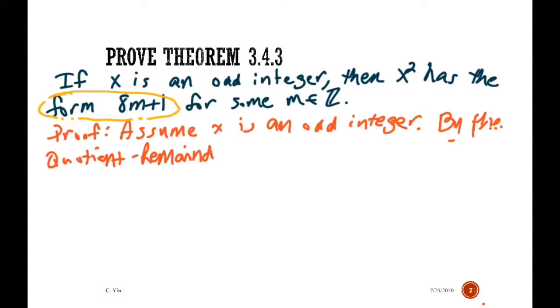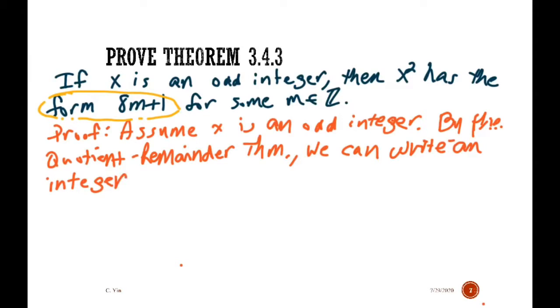If you want to say QR, that's fine. I'm going to use THM for theorem for short. By the quotient remainder theorem, we can write an integer as 4k, 4k plus 1, 4k plus 2, or 4k plus 3.